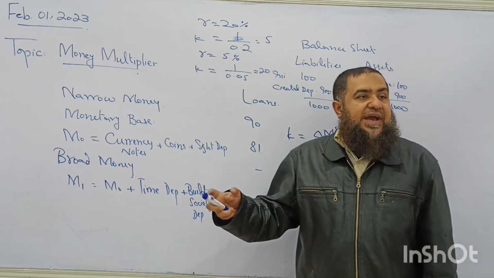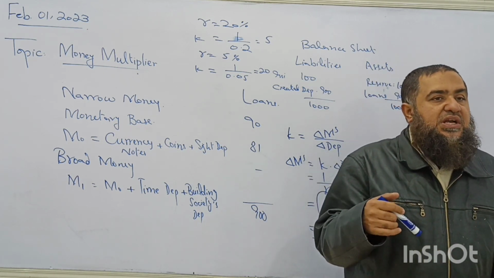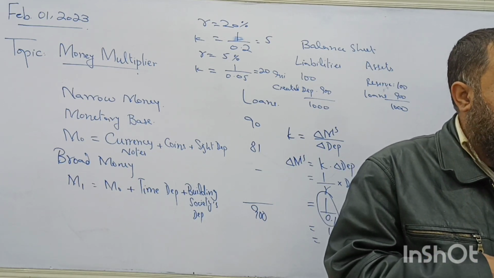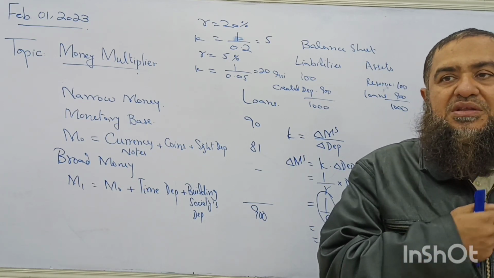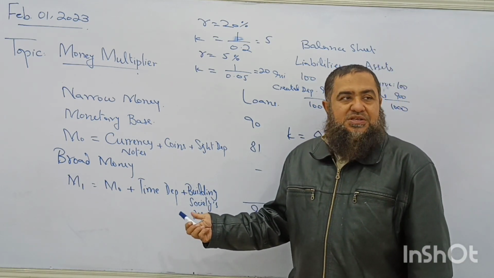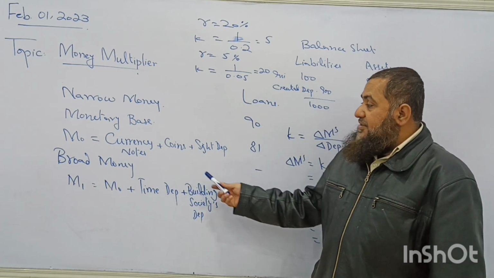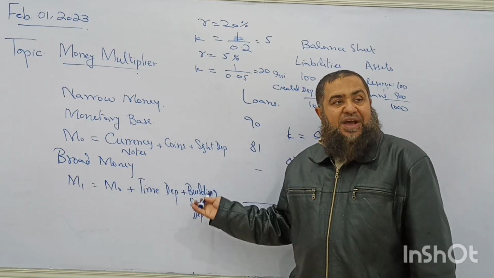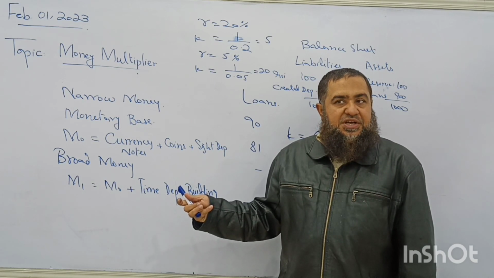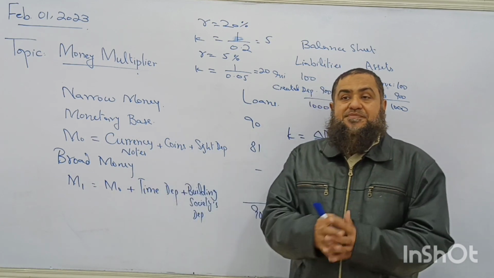Building societies, like the assets, when individuals are converting their liquid money into assets which are not easily convertible into cash, so what do we say? They are the long-term deposits in the form of building societies, housing deposits. So when money is used for the store of value, which is not instantly convertible into cash, we say this is called what? Broad money.